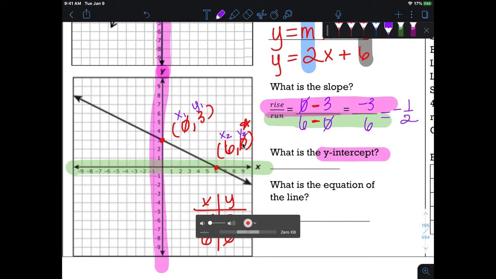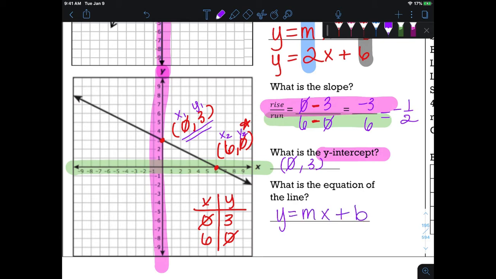Okay, y-intercept. All right, so go back over here. There it is, 0, 3 is my y-intercept. And what's the equation of the line? y equals mx plus b. y equals something times x plus b. So what I'm going to do now is I'm going to say, all right, let's go ahead and find that b value.